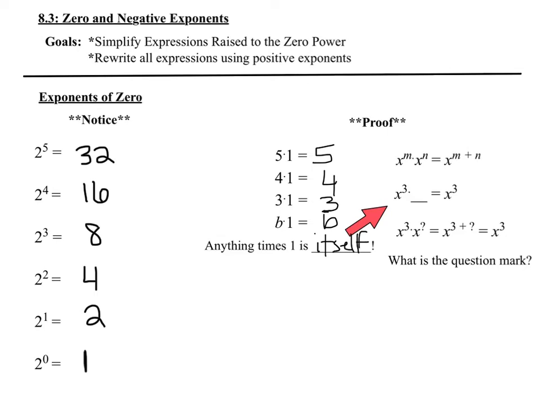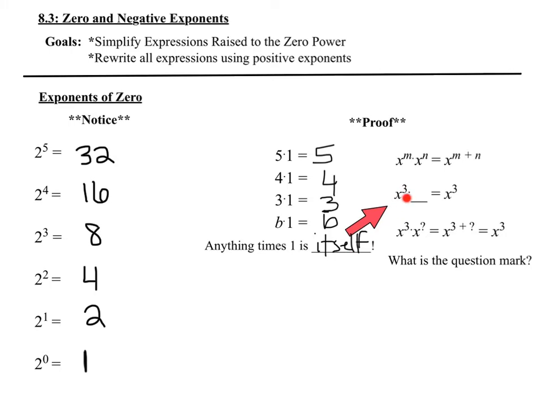And we already know that if you're multiplying expressions that have the same base, then you're allowed to add their exponents. We proved that back in section 8.1, that x to the m times x to the n would be x to the m plus n. And we also know that anything times 1 is itself.